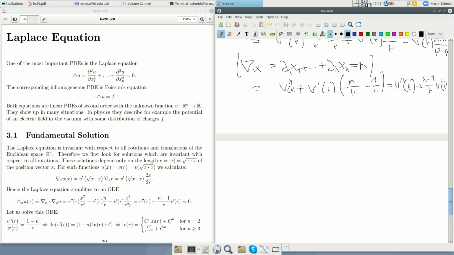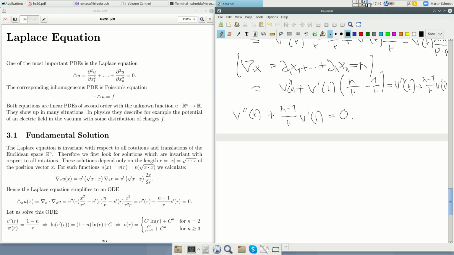Now this is our result. So the Laplace equation means v double prime of r plus n minus 1 over r times v prime of r is 0.